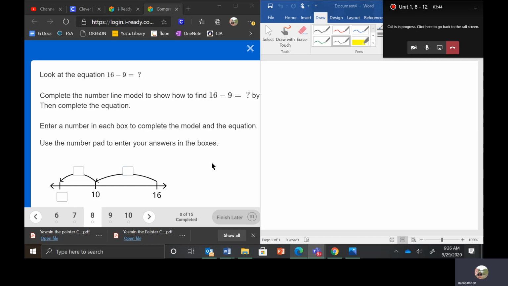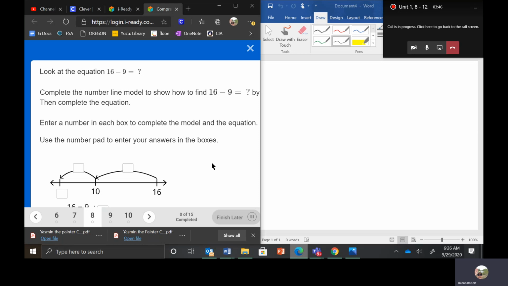All right, so some of you asked, why number line to begin with? And then also, why 10 to 16? Well, what they've done here is we've taken the problem 16 take away 9, and we're breaking it into manageable parts.